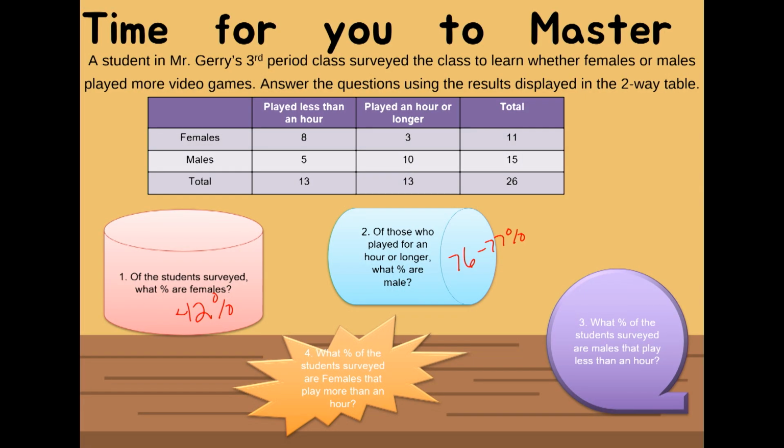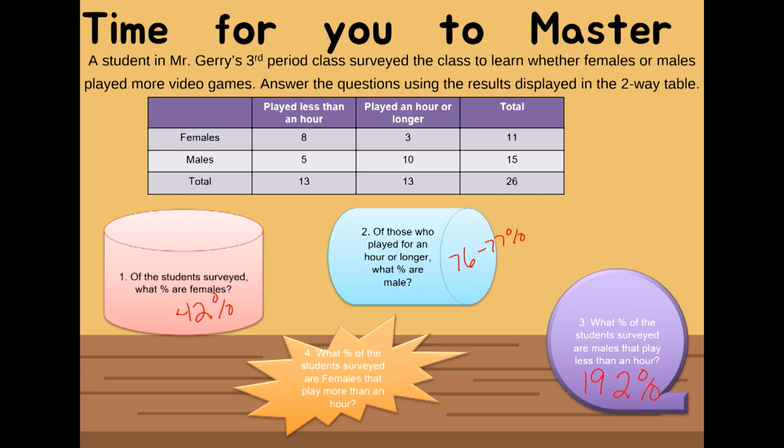What % of the students surveyed are males that play less than an hour? So males that played less than an hour, we're going to take that and turn it into a percentage, and we would take that and have 19.2%. And then let's get our last one. What % of the students surveyed are females that play more than an hour?